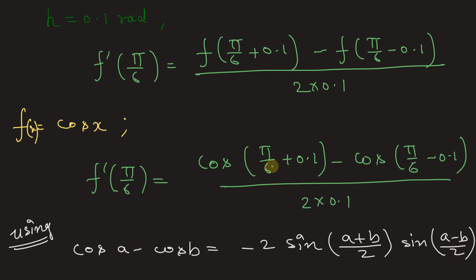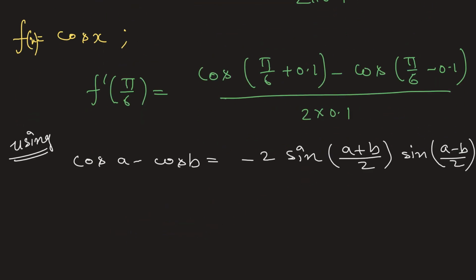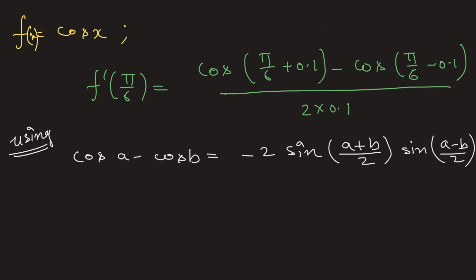Here a is pi by 6 plus 0.1 and b is pi by 6 minus 0.1. So we can write here f dash of pi by 6 equal to negative of 2 sin of a plus b by 2, that means this value plus this value by 2.